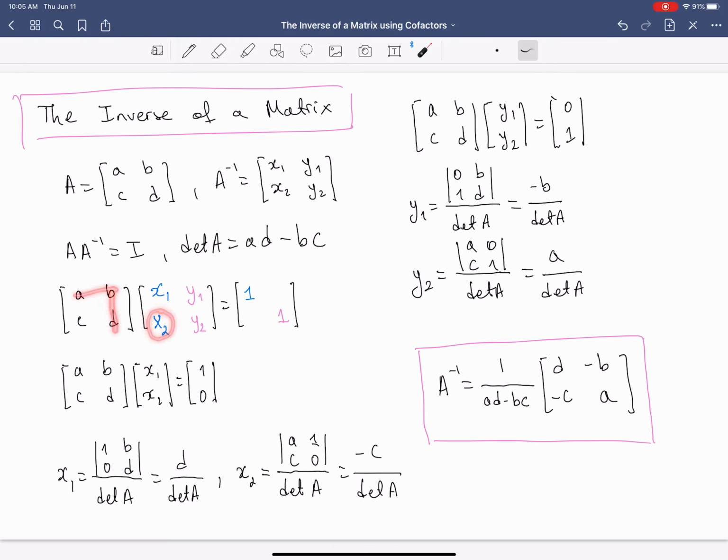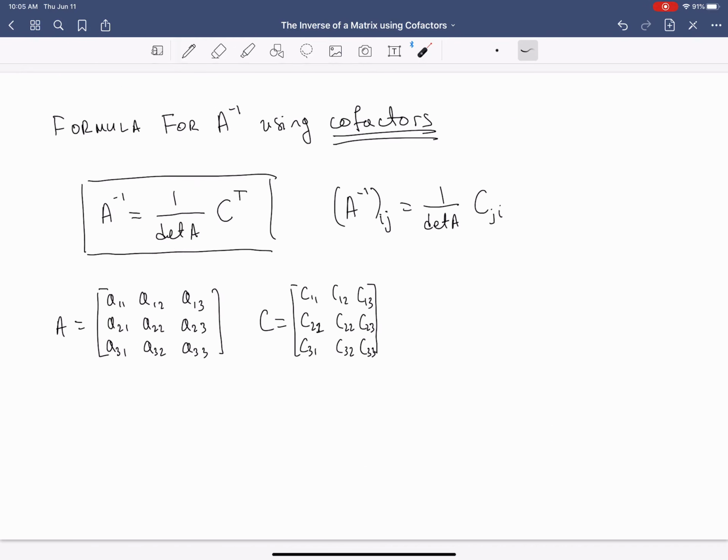And that cofactor happens to be negative C. You'll see why that comes in the formula. So I can use this expression to find exactly one component of the inverse if that is what is important to me for some reason.